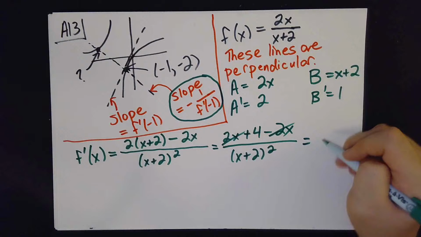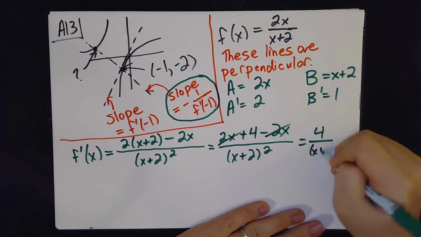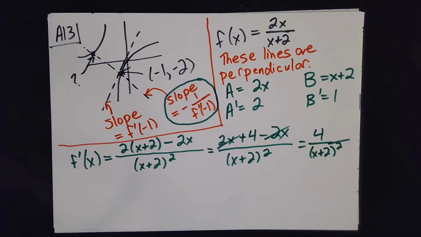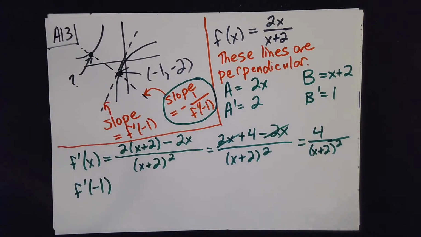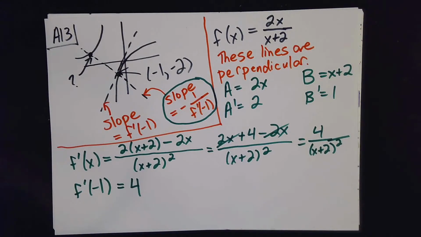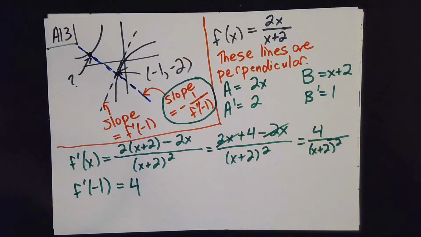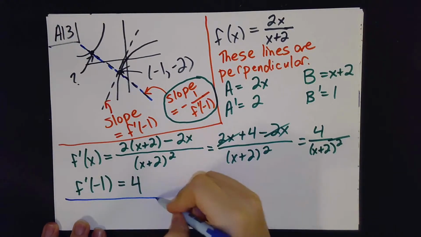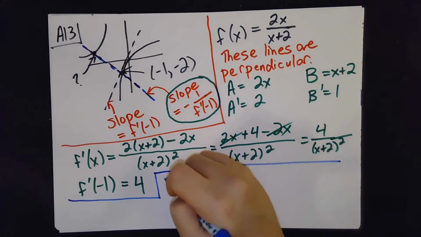Those cancel. So this is 4 over x plus 2 squared. Okay. So f prime of -1 is just 4. And so if I go ahead and highlight the line that we're interested in blue, then the blue line ends up having slope -1/4.